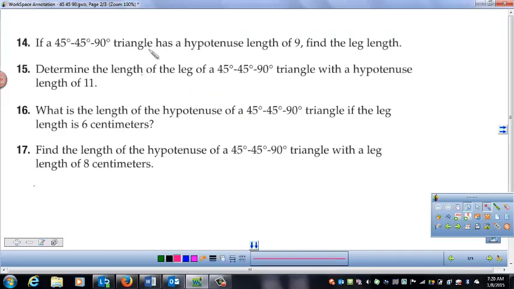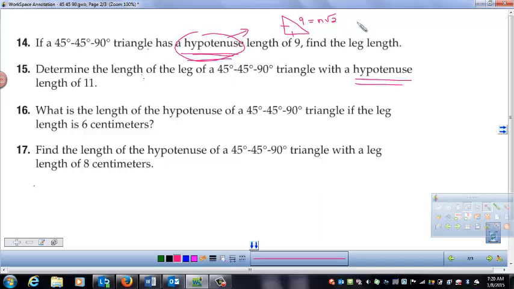These two are just like what I showed you, because they give you the hypotenuse. If you're given the hypotenuse, that's when you have to divide by the square root of 2. So if I draw this triangle out, these two are here, and I know this is 9. If I know the hypotenuse, that equals n square root of 2, which means I have to divide by the square root of 2.